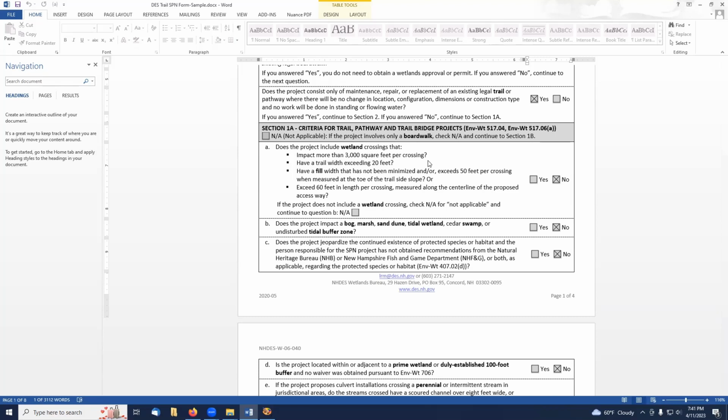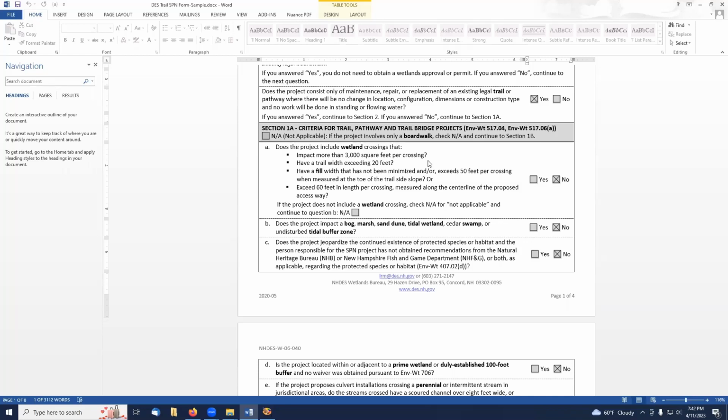Okay, so ideally, the number one thing, and I'm talking about ATV trails now, because snowmobile trails can go through wet areas because they freeze in the winter. But let's just talk ATV trails. The number one rule is try not to cross through any wet areas at all.